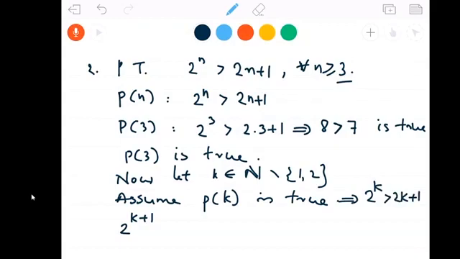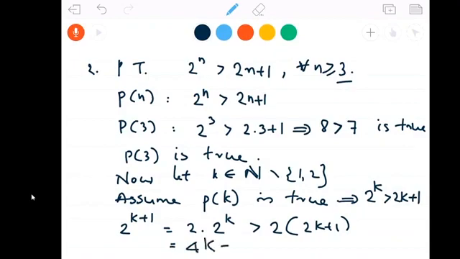So, 2^(k+1) can be written as 2 times 2^k. And 2^k is greater than 2k plus 1. So, this is greater than 2 times (2k plus 1). Okay. And this is equal to 4k plus 2.